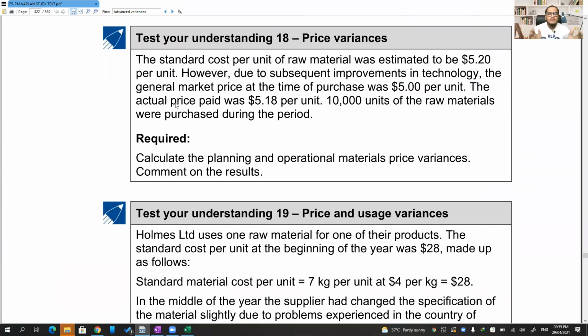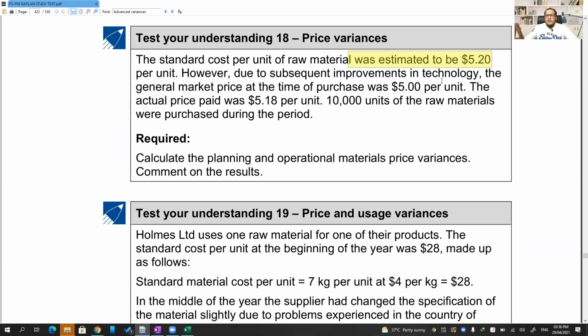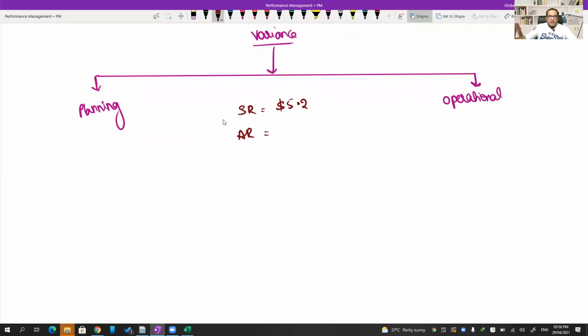So look at this question very quickly. We have only 8 minutes to do this. The standard cost per unit of raw material was estimated to be 5.2 per unit. Okay, I'm going to mark the question here. Standard rate is 5.2. However, due to subsequent improvements in the technology, the general market price at the time of purchase was $5 per unit. Actual rate is equal to $5 per unit.